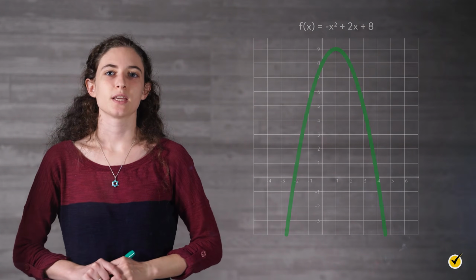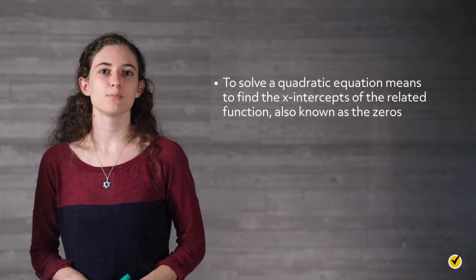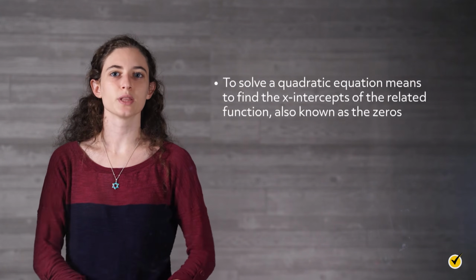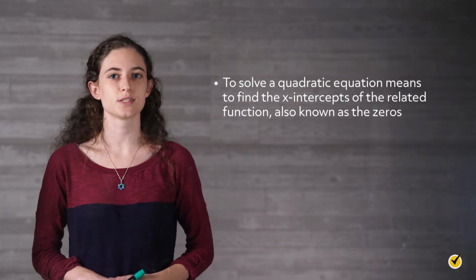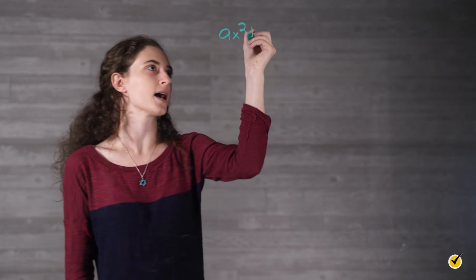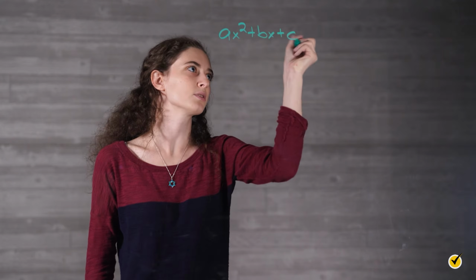Here's another way to look at it. To solve a quadratic equation means to find the x-intercepts of the related function, also known as the zeros. Before you get started with any solving method, make sure your equation is written in standard form: ax squared plus bx plus c equals 0. This will prevent errors and can provide insight into choosing the most appropriate method for solving an equation.